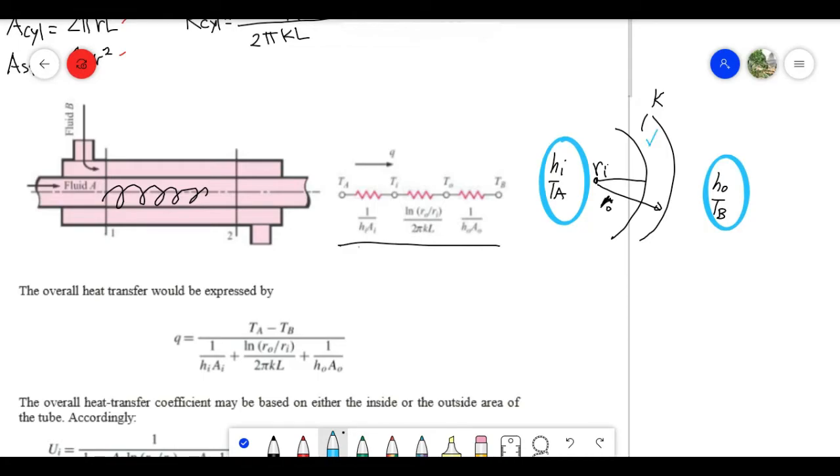Ito yung mga magiging thermal resistance natin. And then, always, pag nagsosolve tayo, Q is equals to delta T over the total thermal resistance, which in turn, ganito yung magiging itsura pag sinubstitute mo siya ng buo.